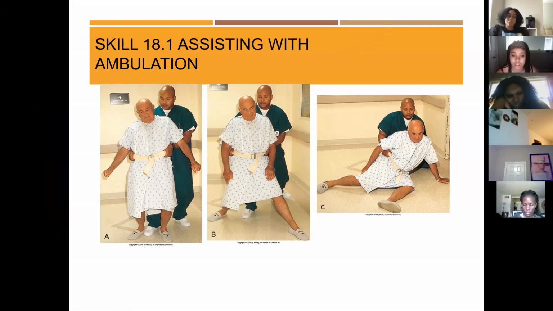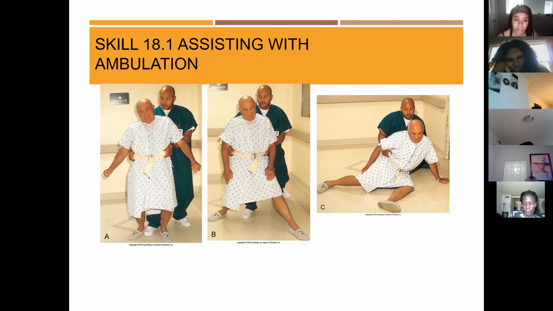Okay, so if you find your patient on the floor, make sure you get a set of vital signs. If you know your buddy down the hall is working with a patient and you notice that the patient falls, be a good friend, go grab a vitals machine and take the patient's vital signs for them. Check for any injuries.